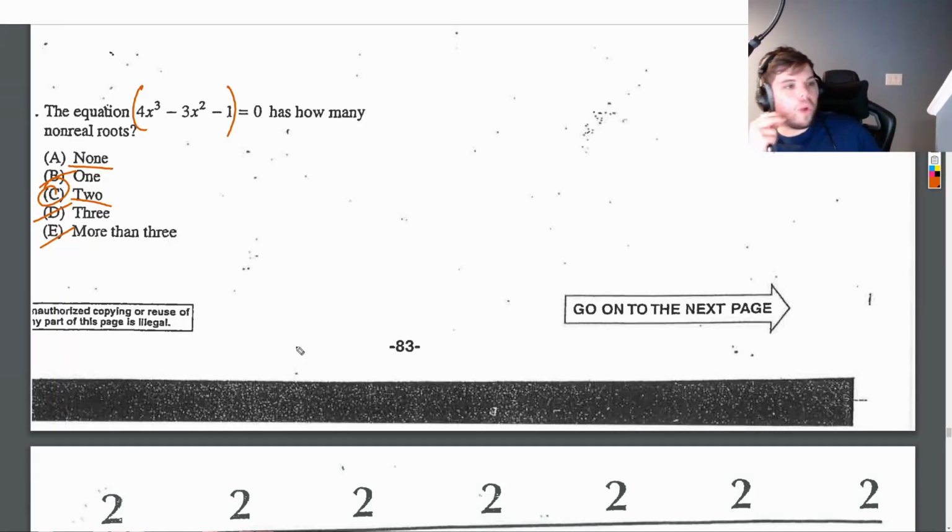Is there a way to know that without plugging it into your calculator? If there is, I'm not sure of it right now. I don't know it.